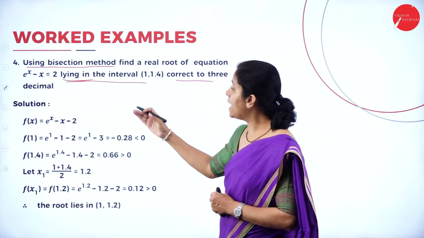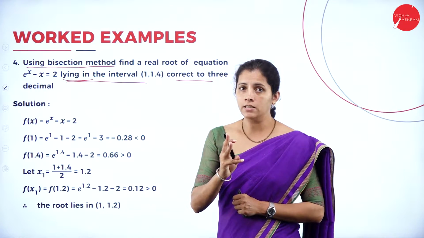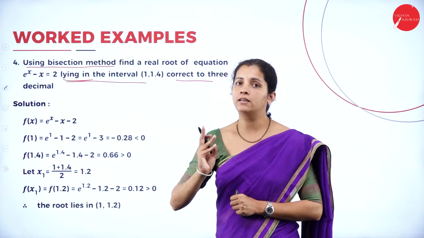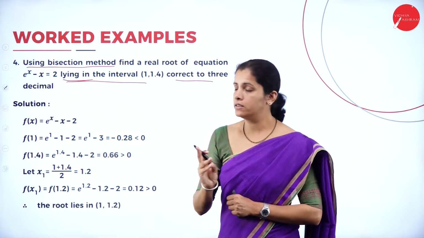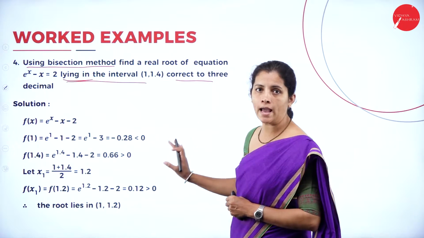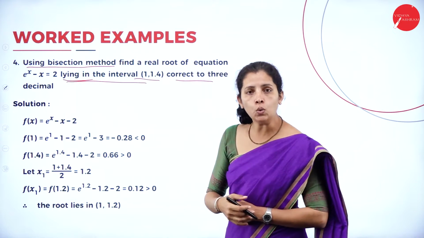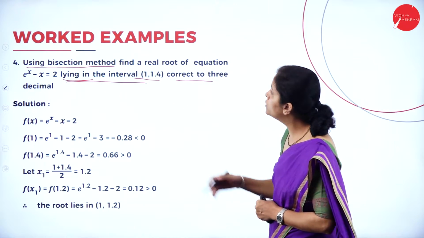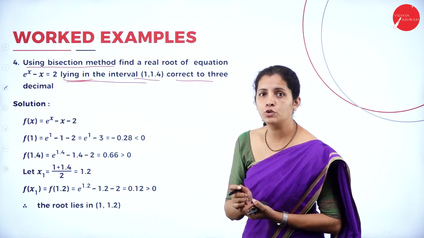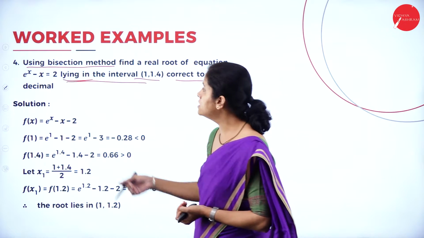And we stop when we get two results, one negative and one positive. When I get two opposite signs, then I stop substituting x values. But in this question, I have the roots as well as the information on when to stop the iteration. Now, let's solve this question.